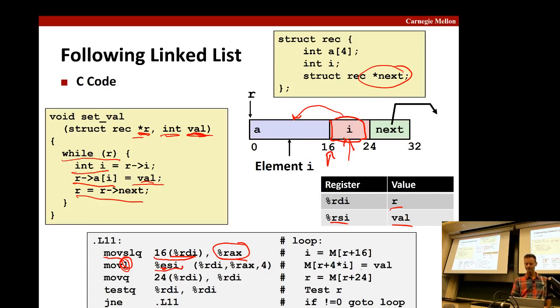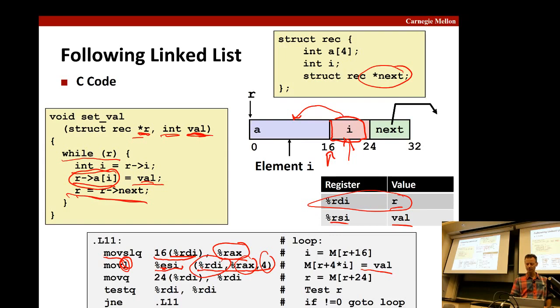We're going to take that val and stick it in this address here, which can be calculated as follows. We have our I here. We multiply that by 4, and we add it to R, which is still in RDI. That's how we get the address, and we store it into that address. Now we want to do this pointer chase.